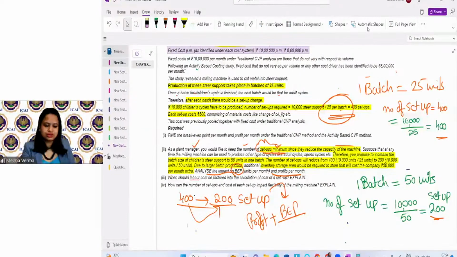This is the question. My question is that the number of setups has decreased. Now what will be the break-even point? Will the break-even point change? Will the profit of the company change? What will be the new break-even point? What will be the new profit of the company?